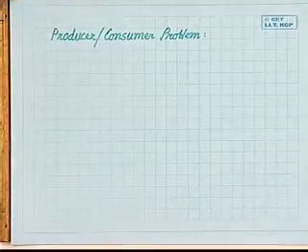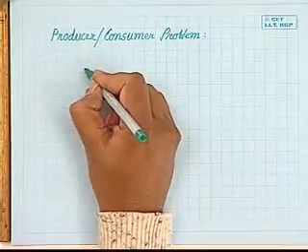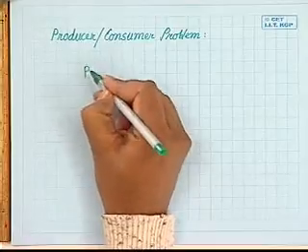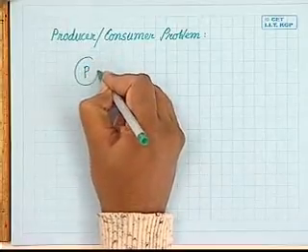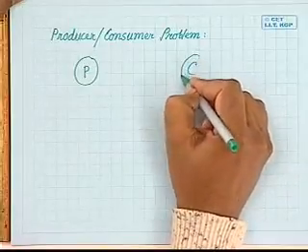The producer-consumer problem is something like this. We have two processes. One process is called the producer P. We have another process, which is the consumer process, or C.